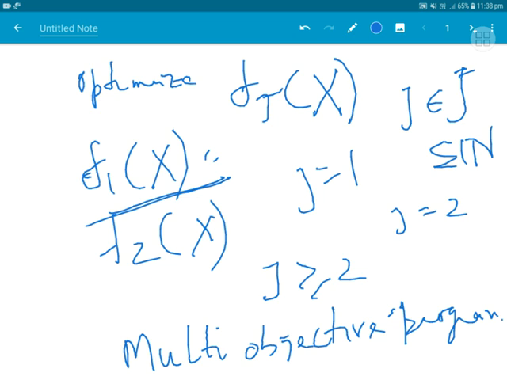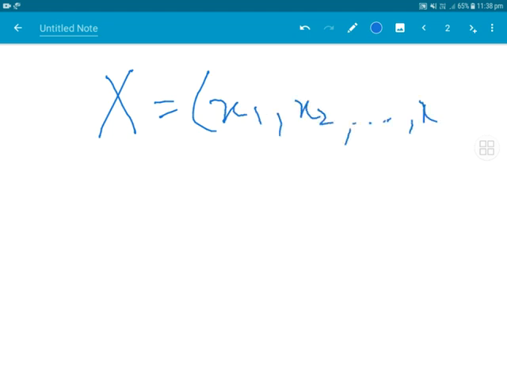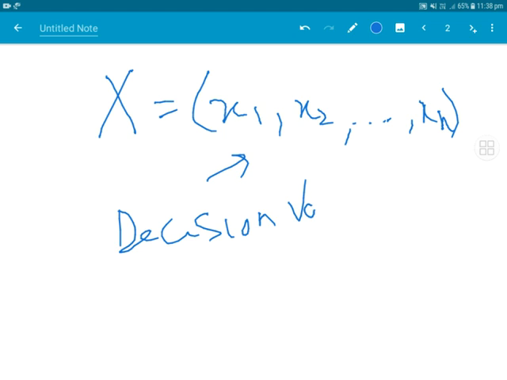Another thing is this x. What is x actually? Sometimes you can just consider that suppose small n number of variables are there. Each of these variables is said to be a decision variable because the optimization is performed depending on them only.